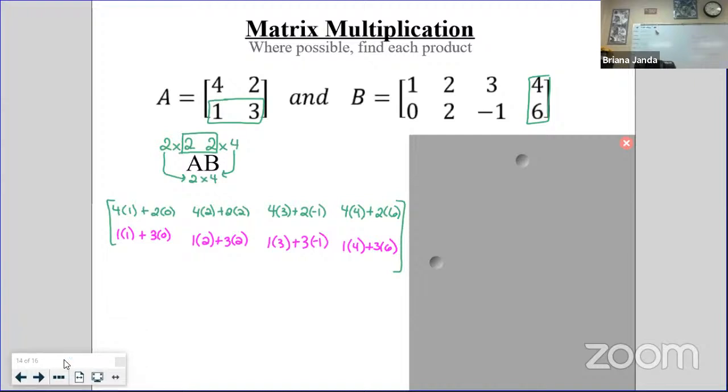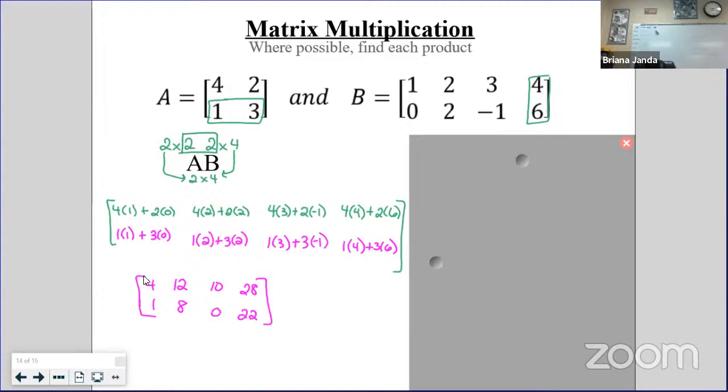So let's see, this would be 4 plus 0, 8 plus 4, 12 minus 2, 16 plus 12, 1 plus 0, 2 plus 6, 3 minus 3, and 4 plus 18. And there's our resulting 2 by 4 matrix.